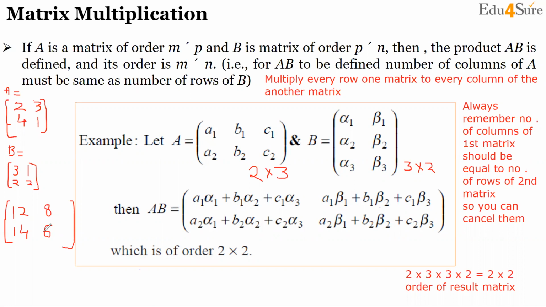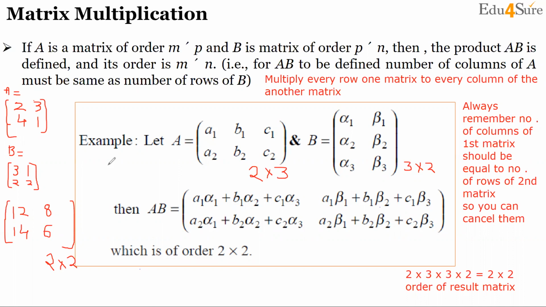So I hope it is clear to you how to do matrix multiplication. What are the things you need to remember while doing multiplication? This is a matrix of 2 cross 2, and this is a matrix of 2 cross 2. That's why the resultant matrix that I receive is also of 2 cross 2.